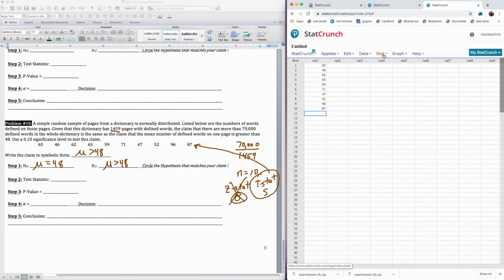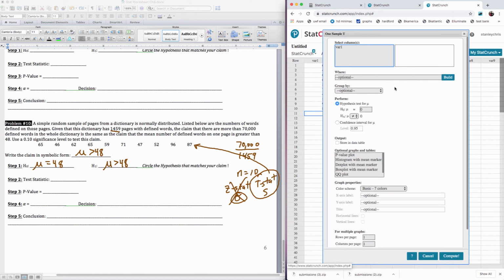So let's go ahead and finish running this test. We said it was going to be a T-stat, so stat, T-stat, stat. One sample. Now in this case, I just put the data in, so we're going to go data.